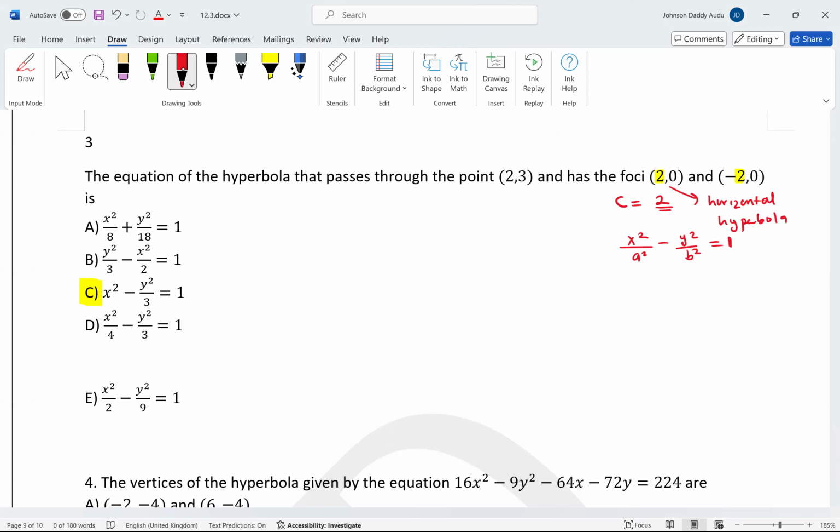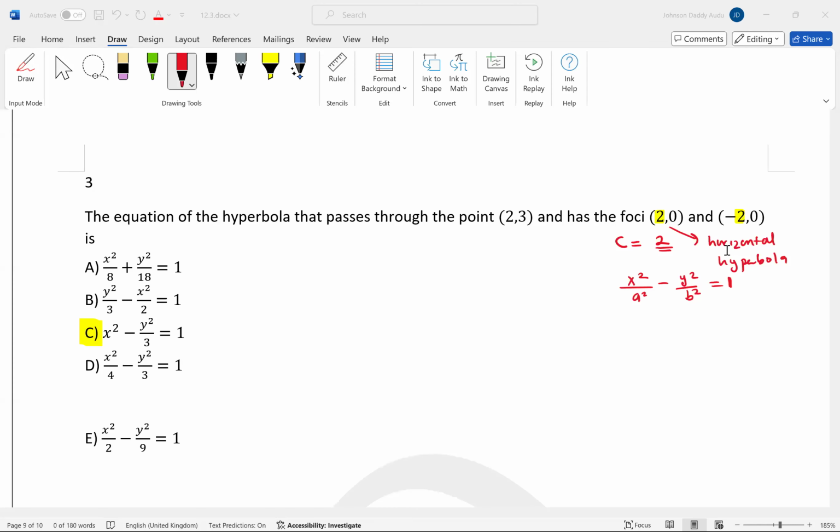All right. Now we have C, right? So how can we find A? How can we find B? We need to be able to find A, and B, using which formula? All right.